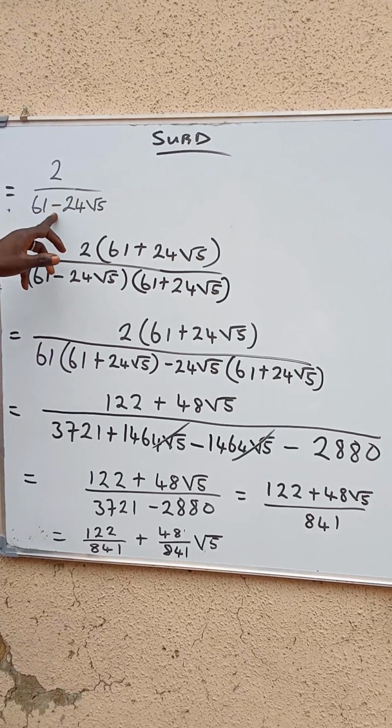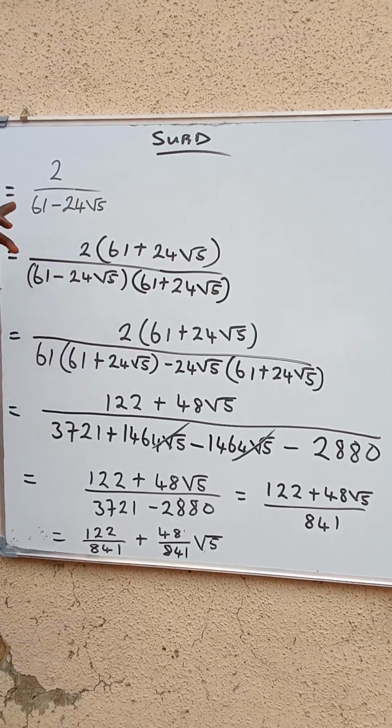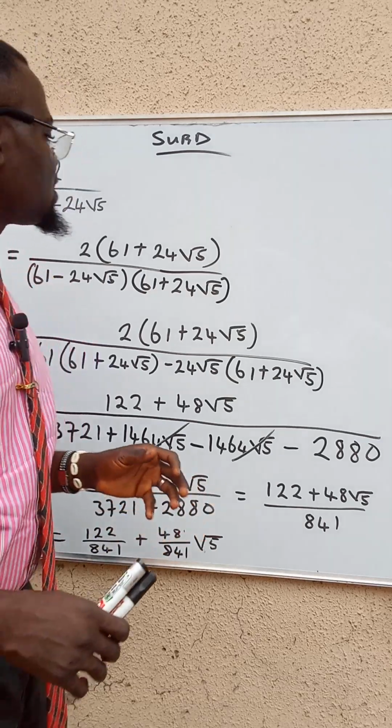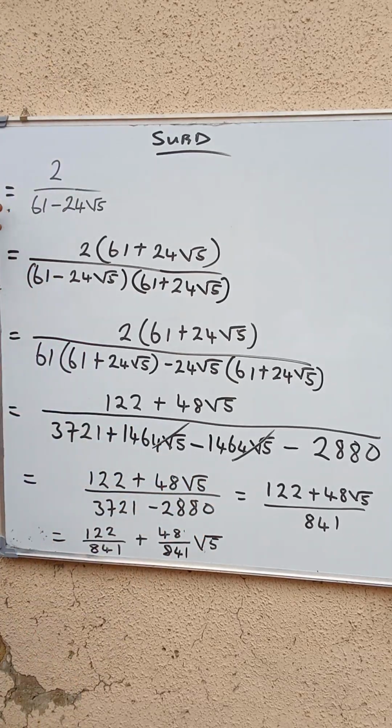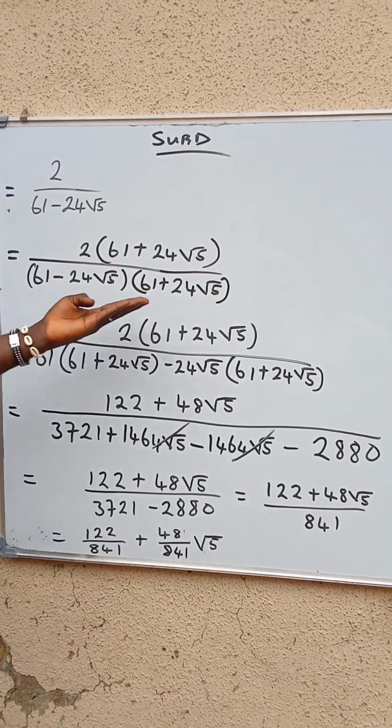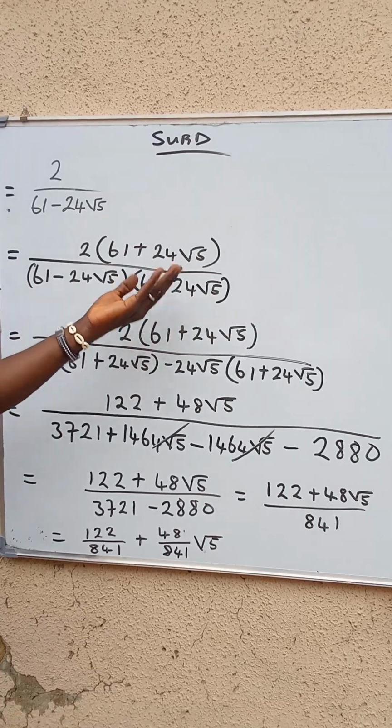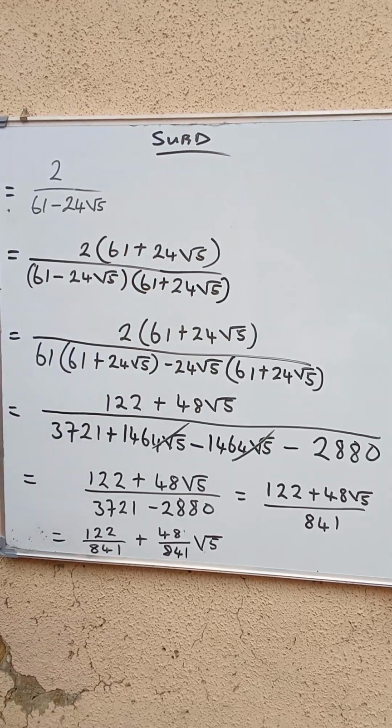And what you do to the denominator, you do the same thing to the numerator, to avoid partiality. It must be impartial in mathematics. So we did the same thing to the numerator by adding the conjugate to this and this, rationalizing.